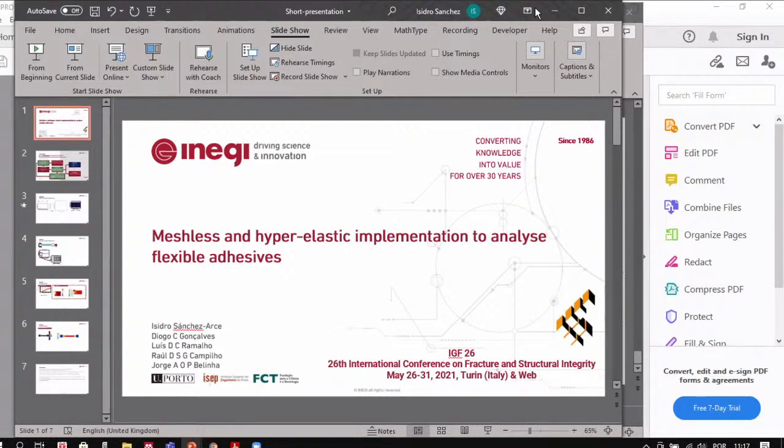However, some of the adhesives that are ductile cannot be considered fully elastoplastic. Therefore, we found that it is necessary to analyze them as hyperelastic. That part is not well studied in the literature. There are very few applications of hyperelasticity to adhesive joints, to adhesives in general.